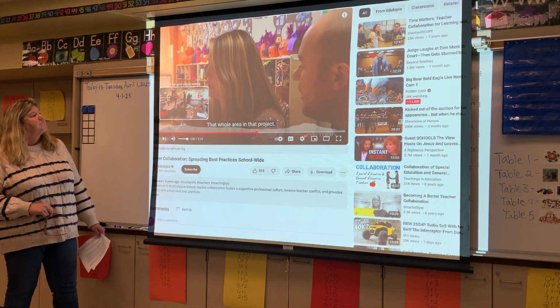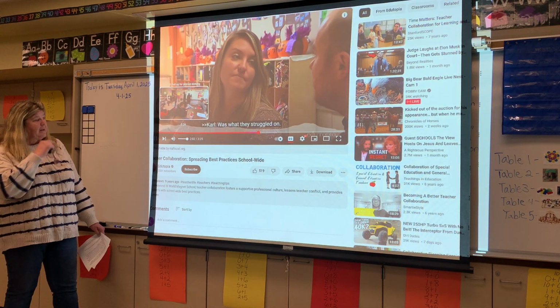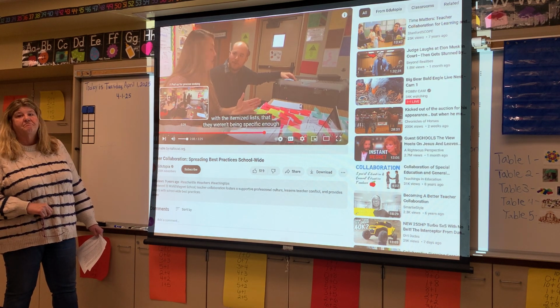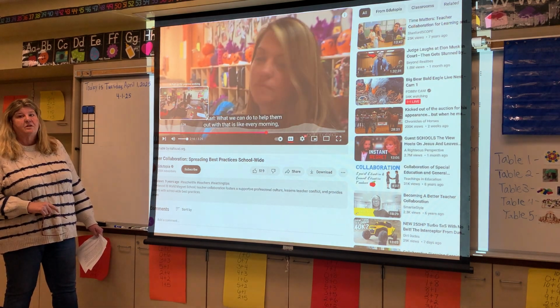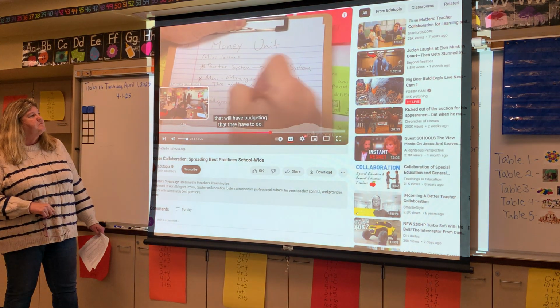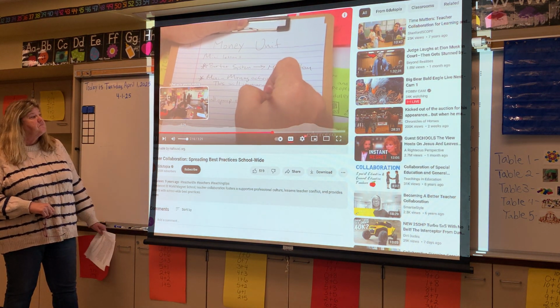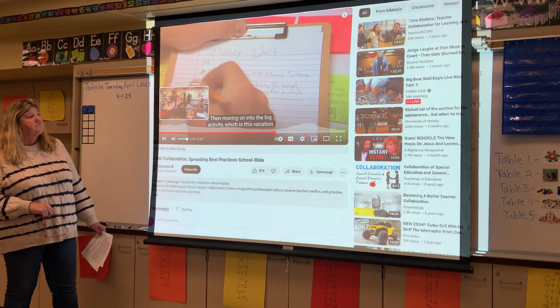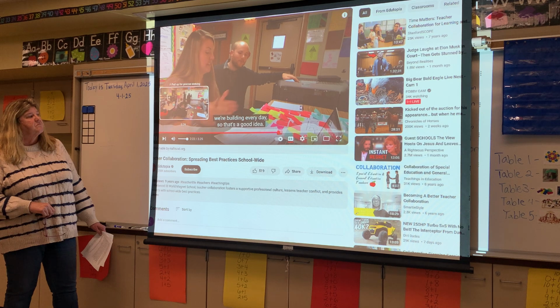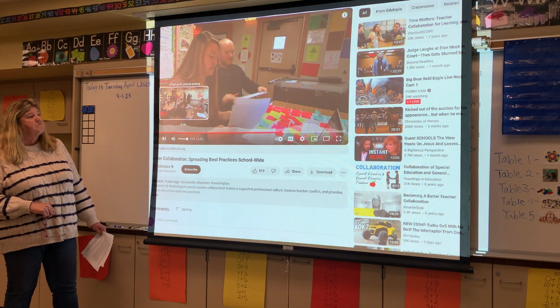That whole area in that project is what I struggled on. I remember because last year we also had a few issues with the itemized lists, that they weren't being specific enough with the cost. And what we can do to help them out with that is, every morning, a little mini activity on budgeting that they have to do. Then moving on into the big activity, which is visualization. Perfect. I like that because it's just a little bit we're building every day. So it's a good idea.